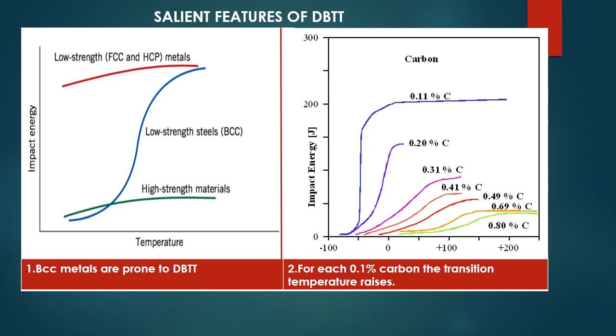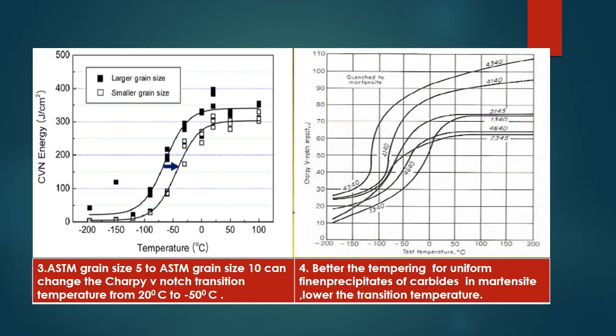Secondly, when the percentage of carbon increases, the DBTT decreases. When the percentage of carbon is less than 0.1%, the DBTT of the steel is very significant. The larger the grain size, the more the DBTT rises.